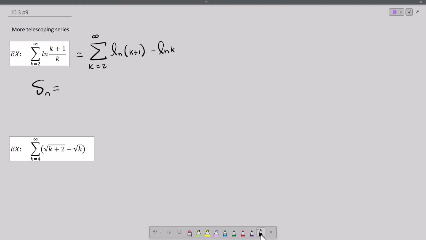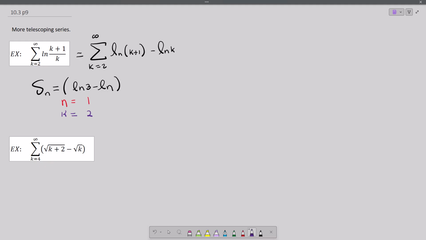So this one starts at k equals 2. When k is 2, we get our first term. That's going to be ln of 3 minus ln of 2. So this is our first term, which corresponds to k equals 2.